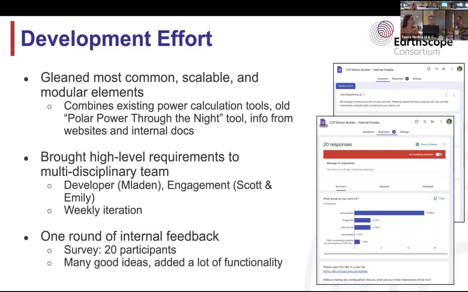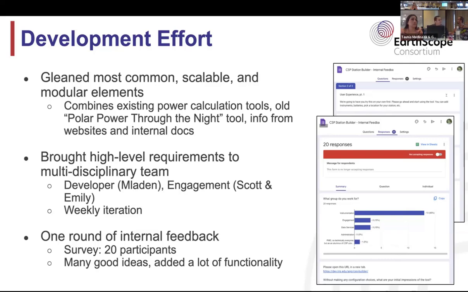We also looked at the old Polar Power Through the Night tool, which had been around, I don't know, probably 10 years ago or so, for those of you who remember that. And information from existing tools that we have that are power calculation tools, things like that. We took all of that together and put it into a requirements document that we shared with Mladen. After that, we just basically started building this tool.